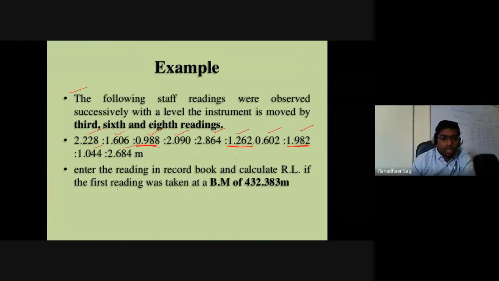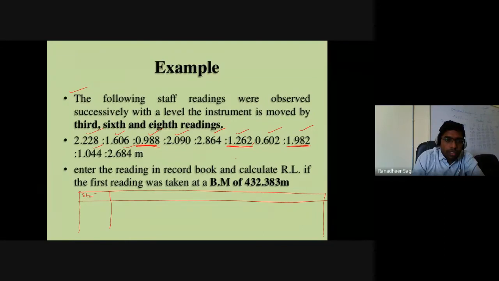I'll be showing it in the next slides anyhow. I'm just trying to draw a rough sketch of the table to indicate the data. This is the staff station, or the position where you are holding your staff and taking your reading.